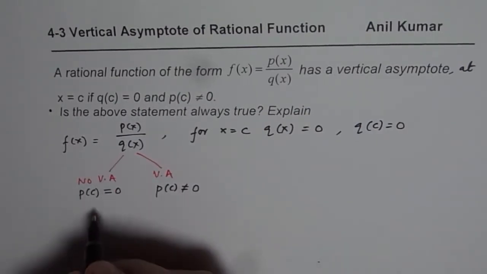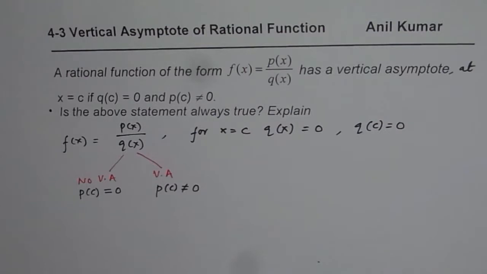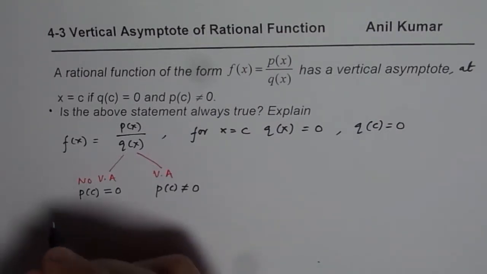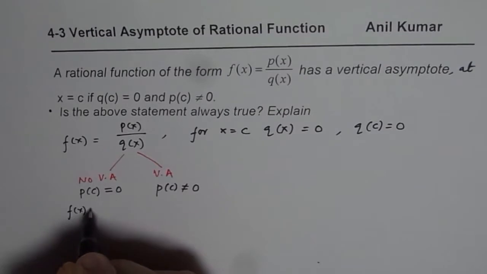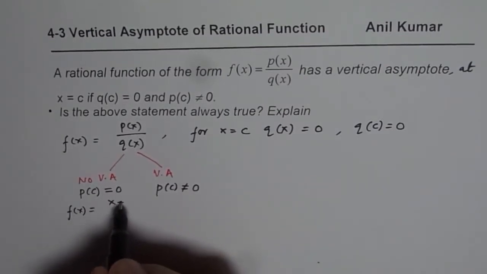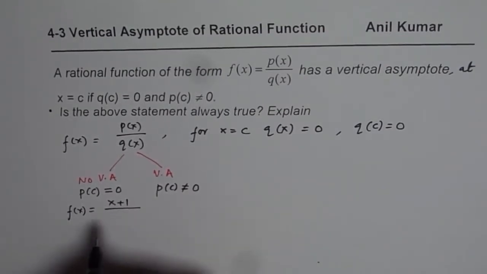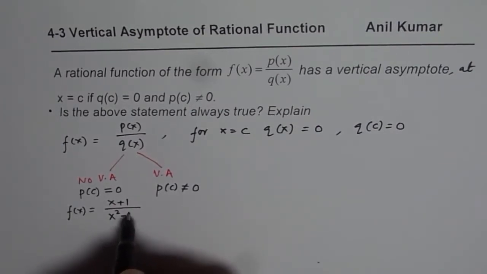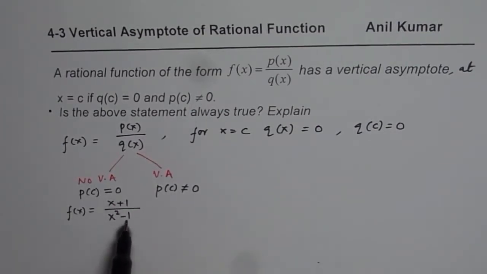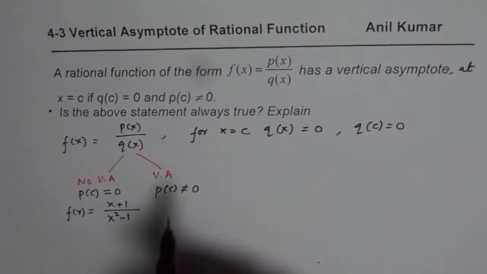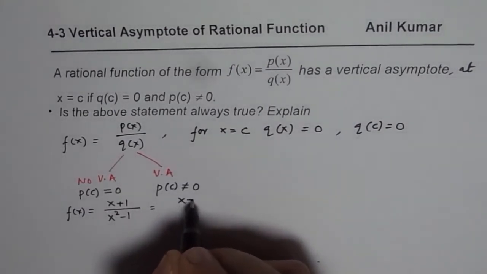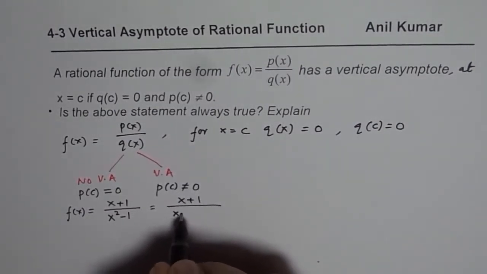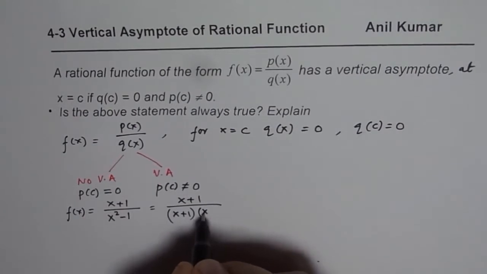Now let me give you some examples here. We'll take one example where f of x is equal to, let us say, x plus 1 over x squared minus 1. Now in this particular case, we do not have a vertical asymptote at x equals minus 1, but we do have a vertical asymptote at x equals 1. So this could be written as x plus 1 divided by x plus 1 times x minus 1.